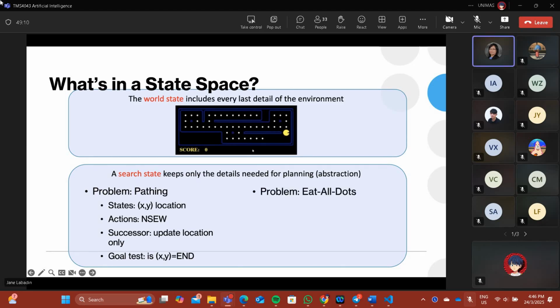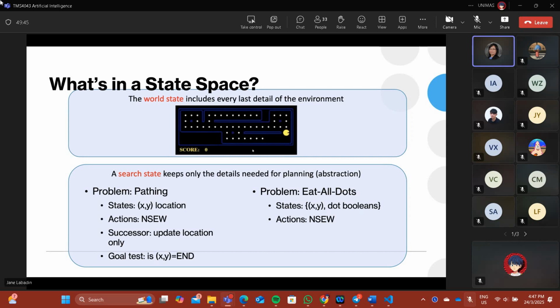But if your problem is to eat all the dots, then your state would need to consider these dots, the white dots. So not only do you need to know your location, but also whether you have the white dot or not. That's why it's a dot boolean, because it's 1 or 0, right?